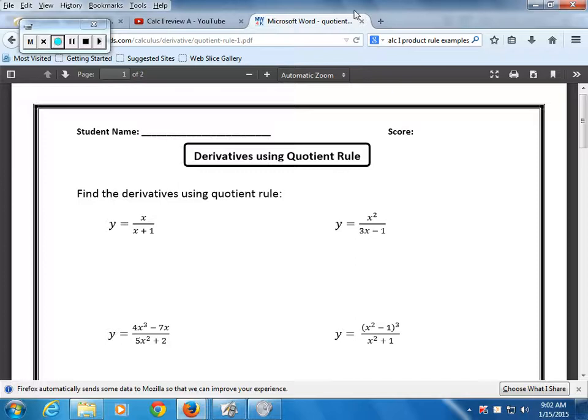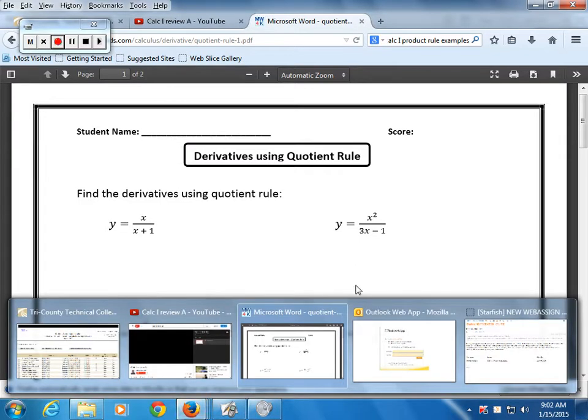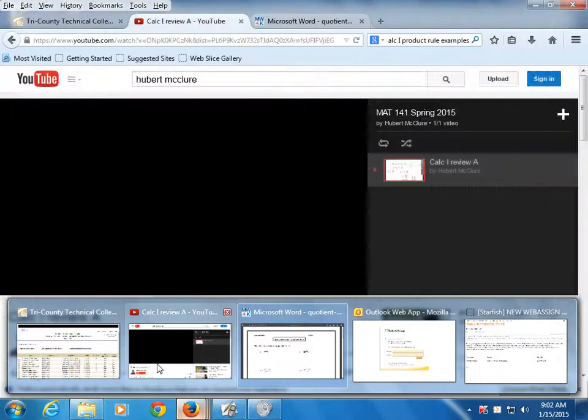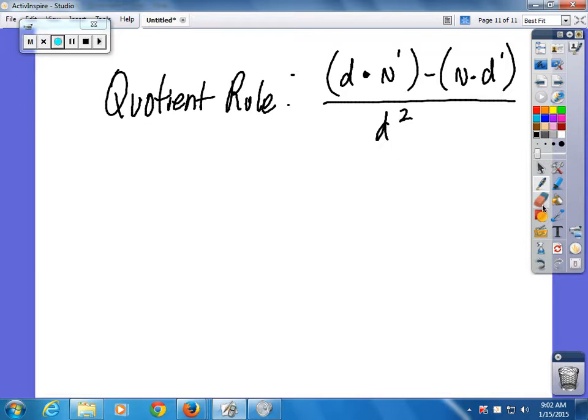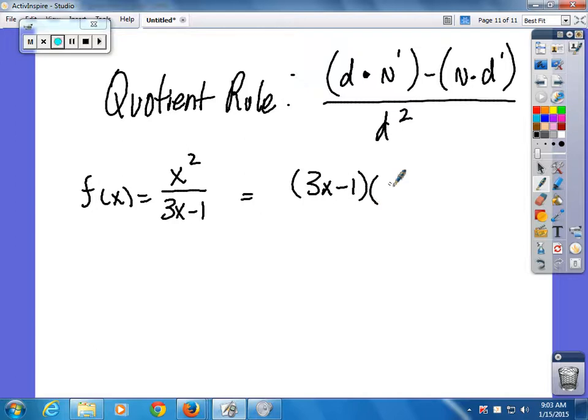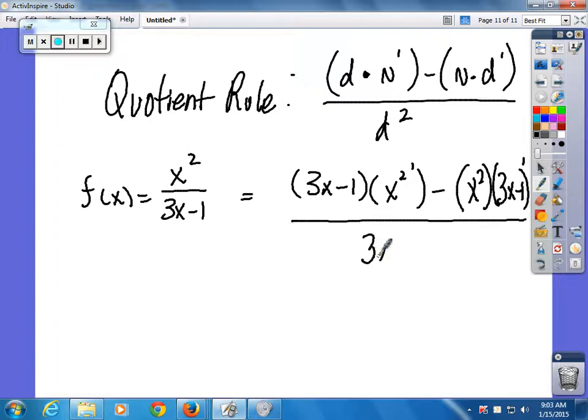X squared over 3x minus 1. So, denominator, 3x minus 1, times numerator prime, which is going to be x squared prime, minus the numerator, which is x squared, times 3x minus 1 prime over 3x minus 1 quantity squared.